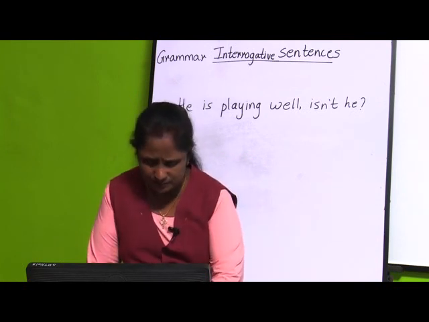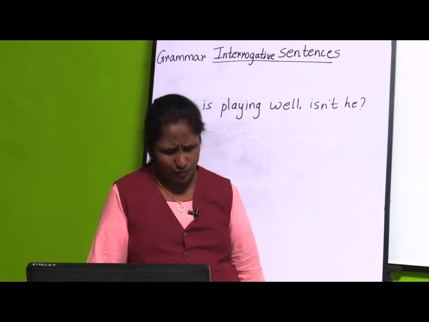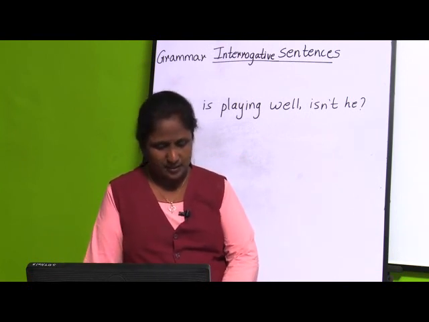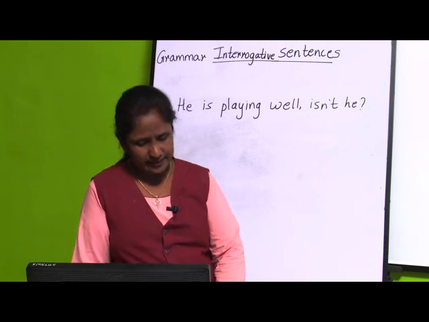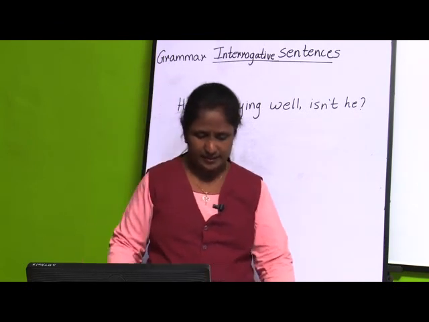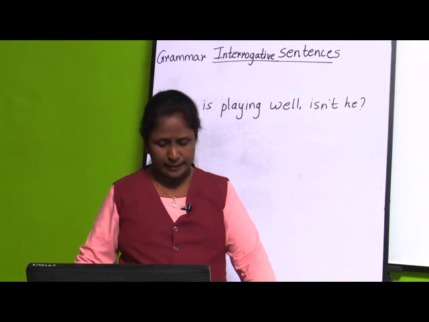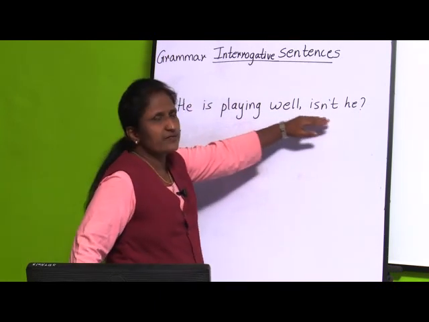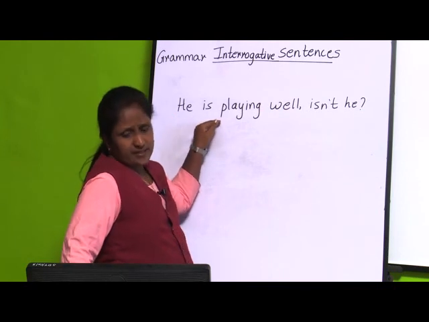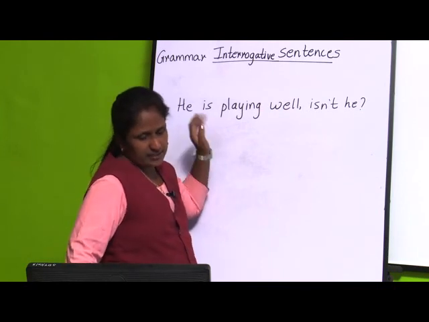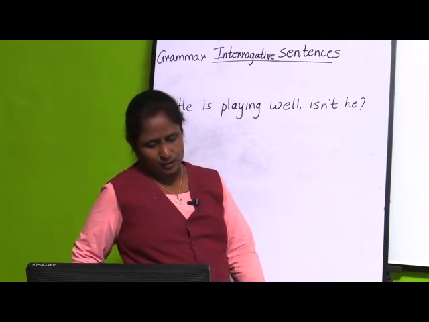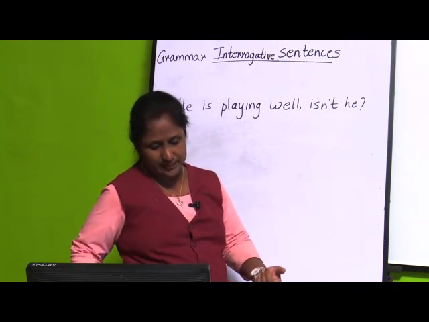Now children, see one more thing. If you see question tags, when do we use them? In examples first and second, the question tags are negative while the statements are positive. The question tag is negative and the statement is positive. The second thing is, in the other example, the question tags are positive while the statements are negative.